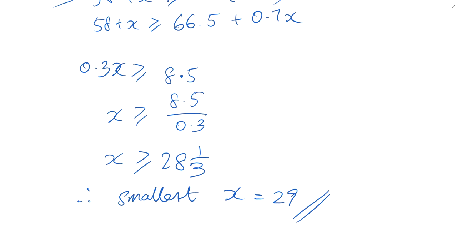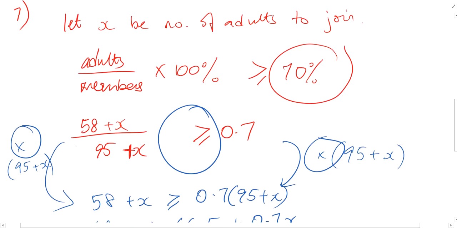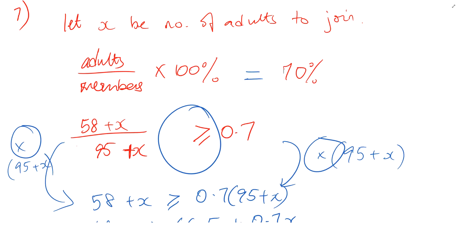Why you never put the inequality sign? Just put as equal. That means right from the start, you do this. Okay, so you are saying that the number of adults divided by the number of members times 100% equals 70%. Is that what the question wanted?